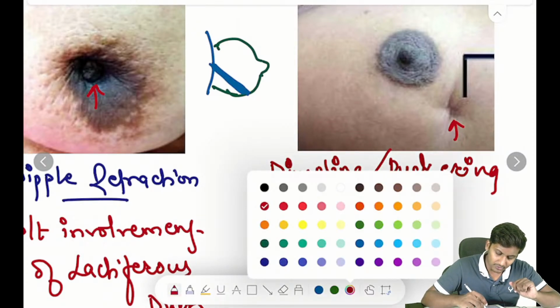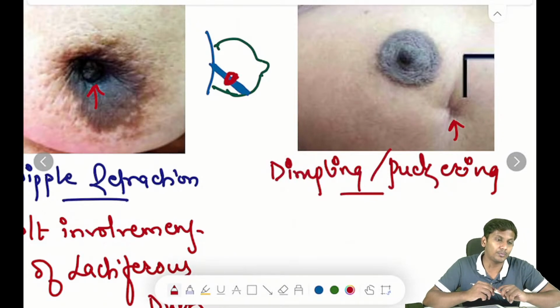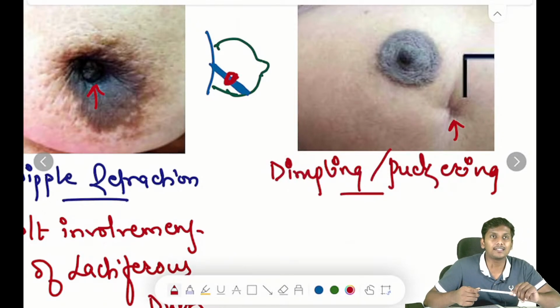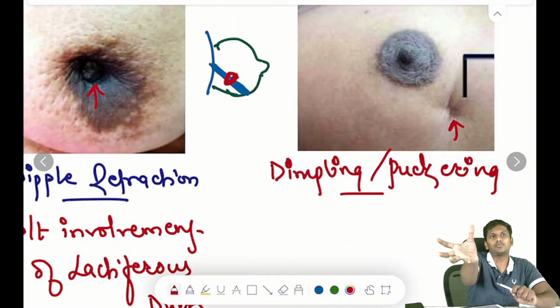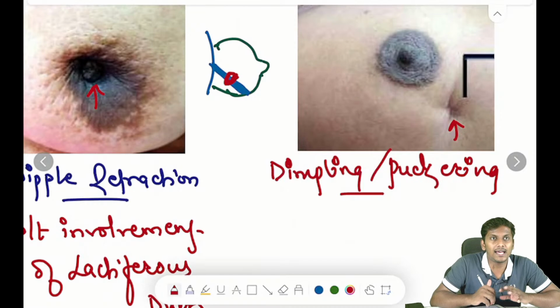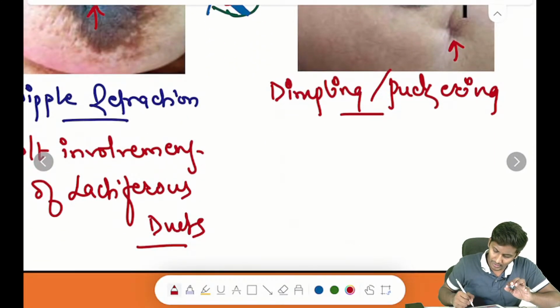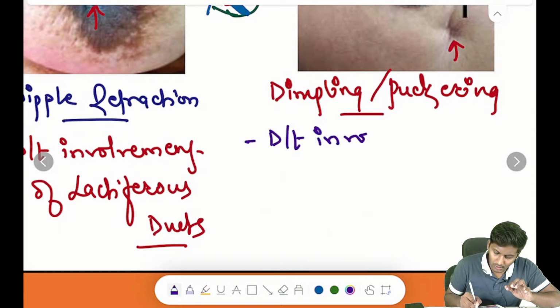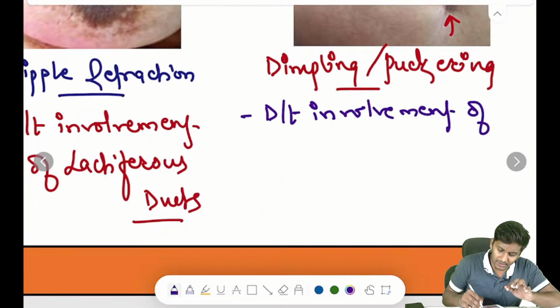So when the cancer involves the suspensory ligaments of Cooper, they pull the skin inside, and that is what is called dimpling or puckering. So you have to remember, dimpling or puckering is due to involvement of the suspensory ligaments of Cooper.